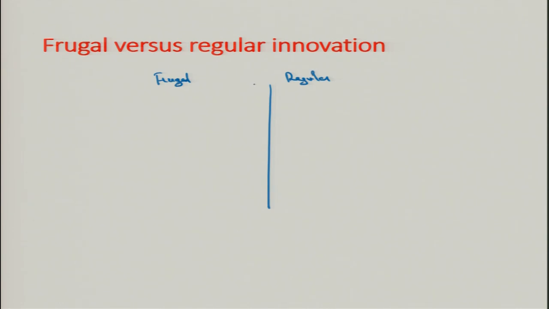The cost is one thing: this is low cost, this is high cost, high performance. This can be low cost and medium to high performance.